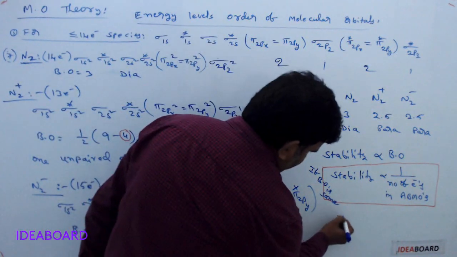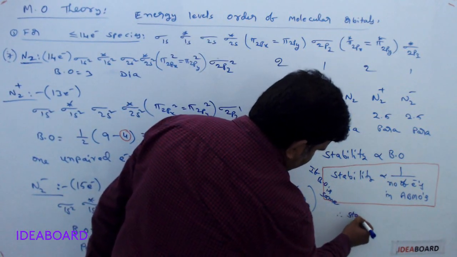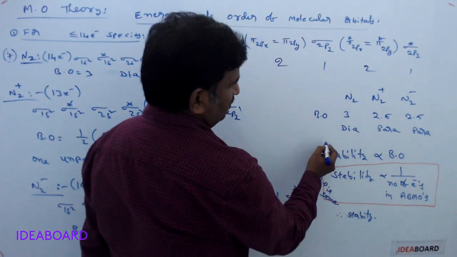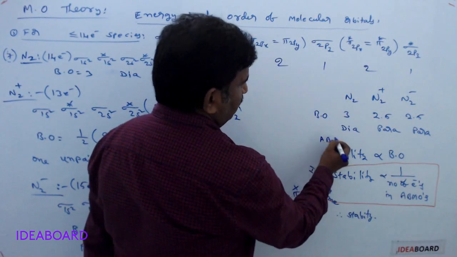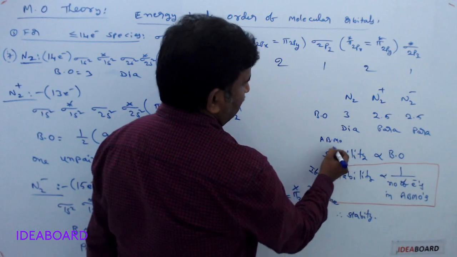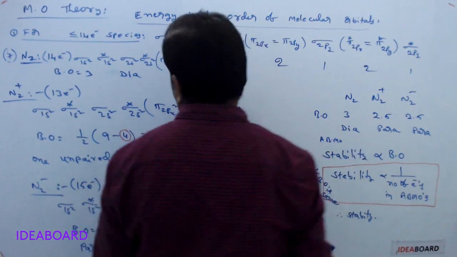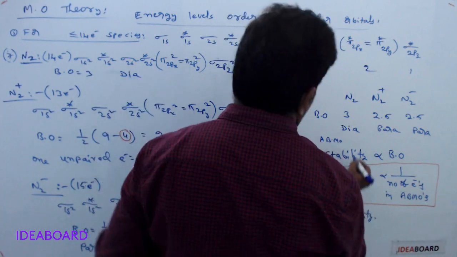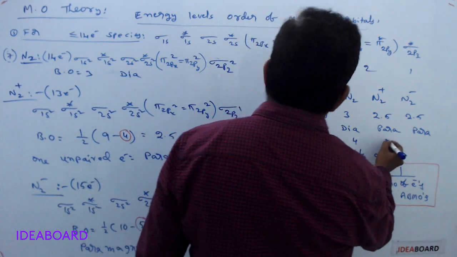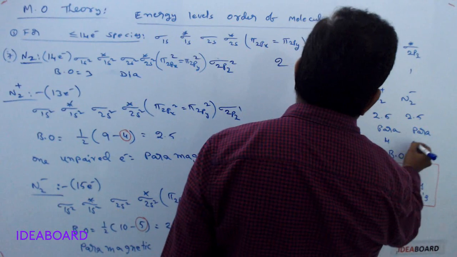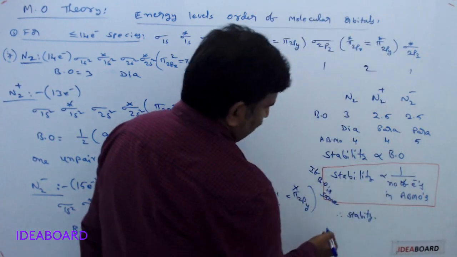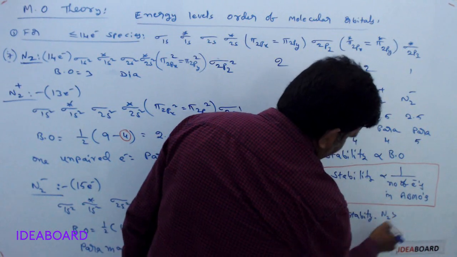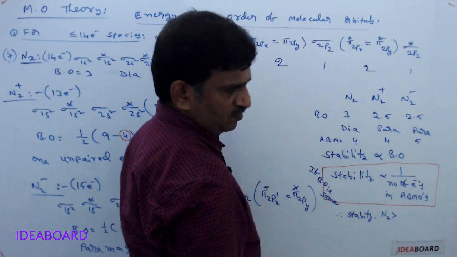Anti-bonding molecular orbital electrons: here 4, here 4, and here 5. So the stability order is N2 always greater, because its bond order is more.